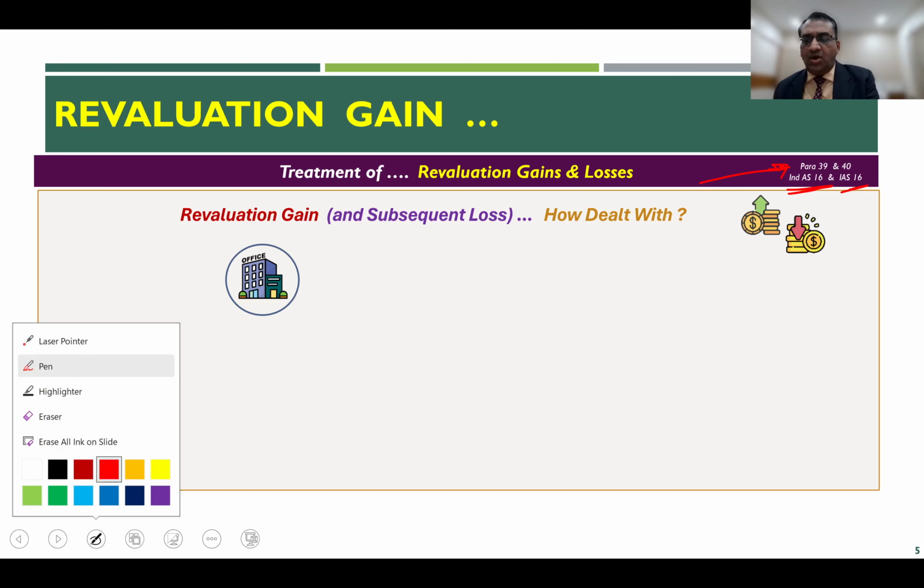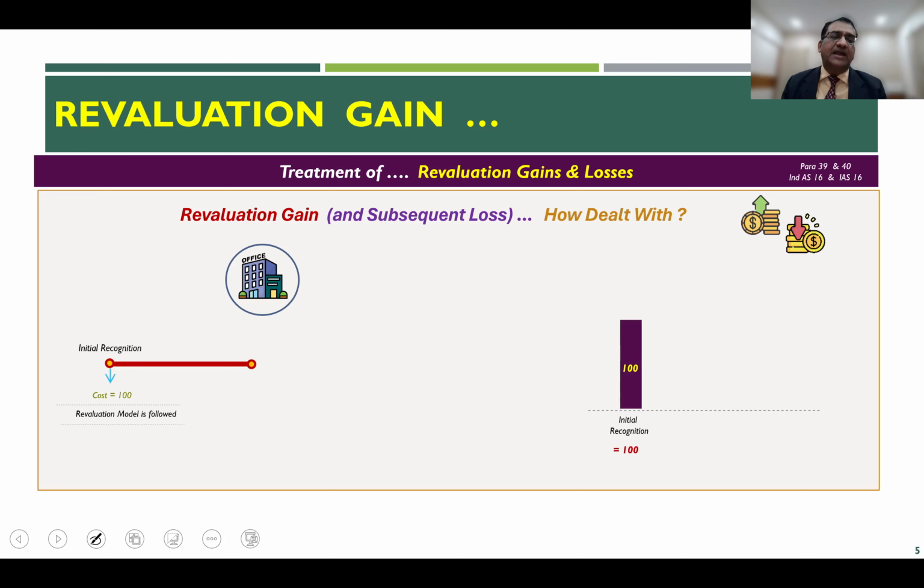Okay, so if you look at the combined reading of paragraphs 39 and 40, let us say you have this property, plant and equipment which is recorded initially at a cost of 100 rupees, and the entity has determined that it will use the revaluation model.